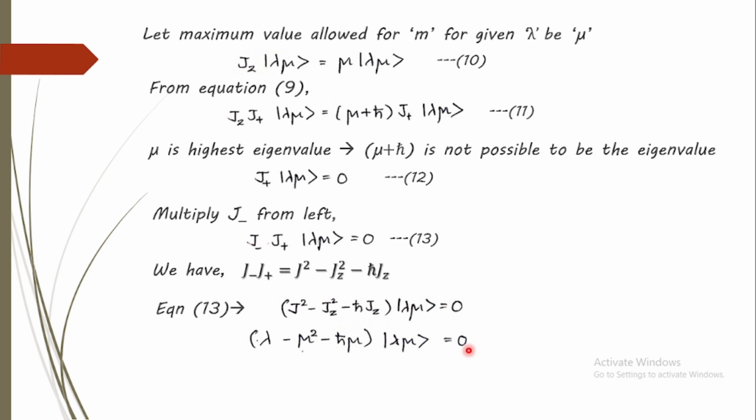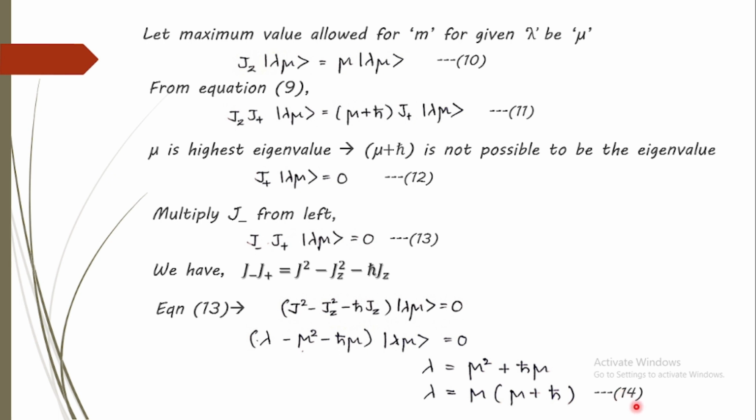If the wave function doesn't exist, what is the meaning of doing all this? So ket lambda mu is not equal to 0, and the first part, lambda minus mu square minus h cross mu, should be equal to 0. Rearranging, lambda equals mu into mu plus h cross, which we call equation number 14.